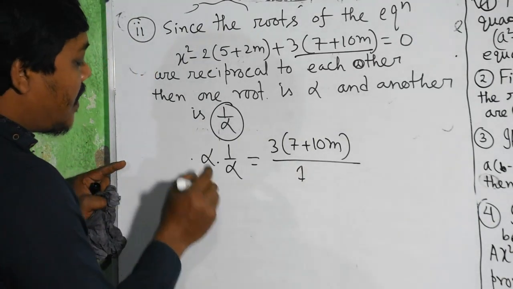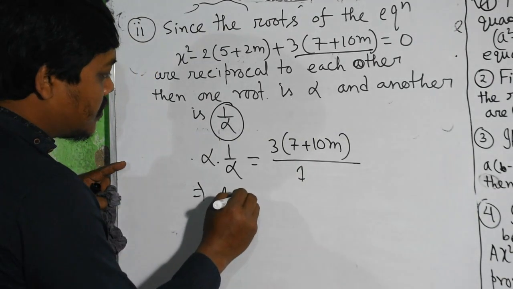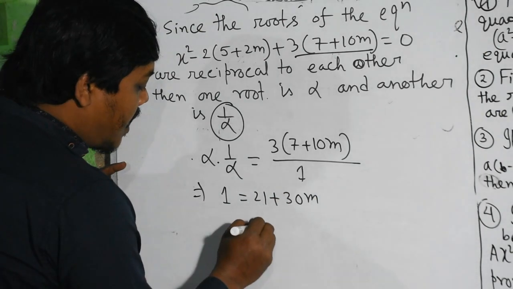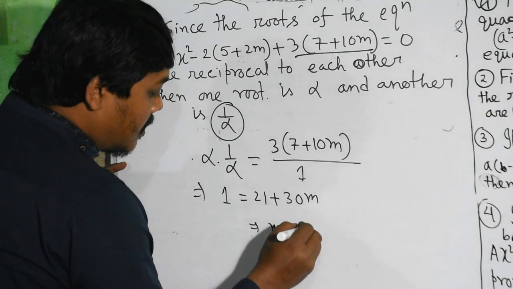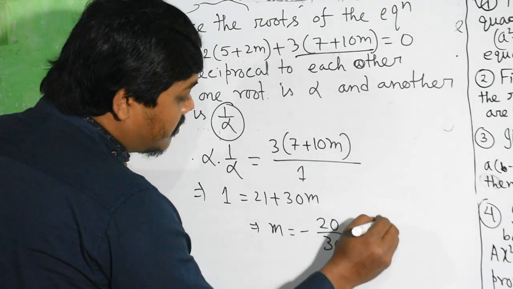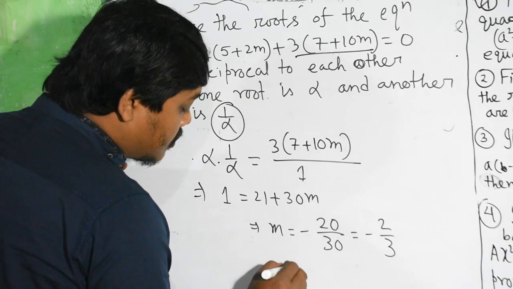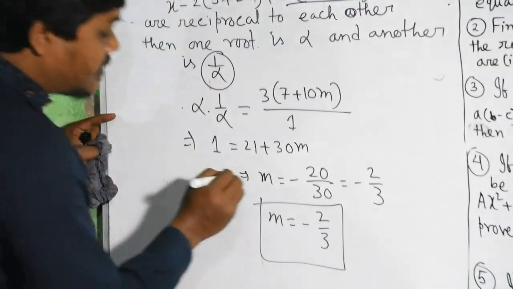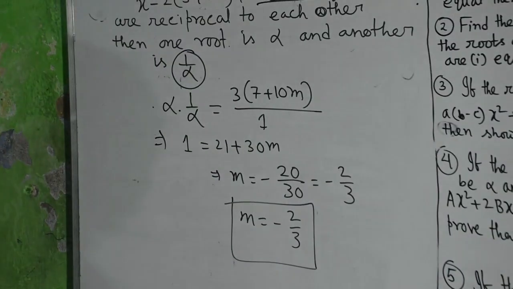So alpha cancels, we will get 1 equals to 21 plus 30m. So m equals to minus 20 by 30, so we will get minus 2/3. So when the roots are reciprocal to each other, the value of m is minus 2/3.